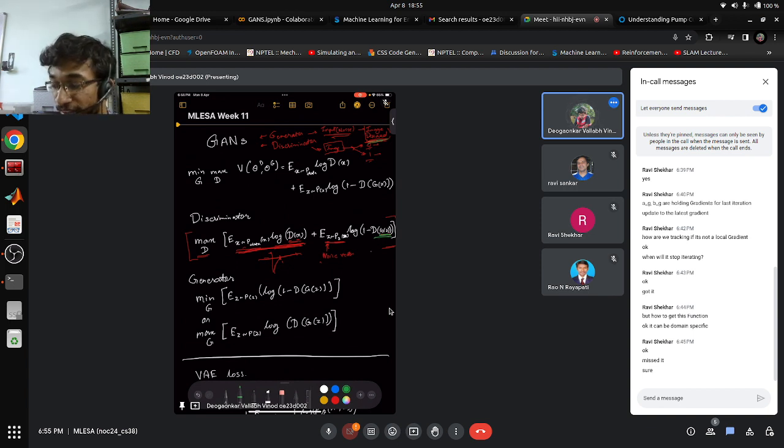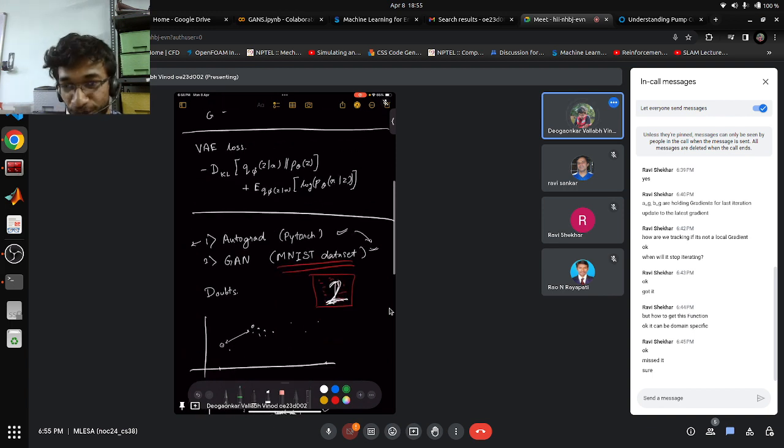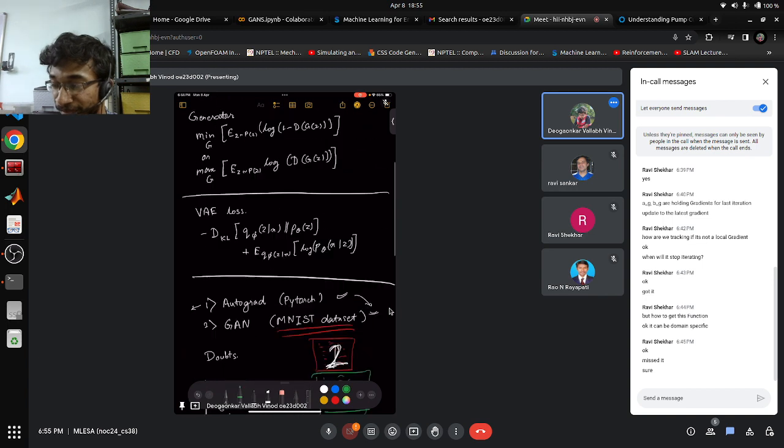Okay, so at the start of your training process, the generator is going to be bad. It's not going to be able to generate very good numbers. It will be closer to the noise that it was fed in, so it doesn't do any mapping on it. In goes noise, out comes noise only.